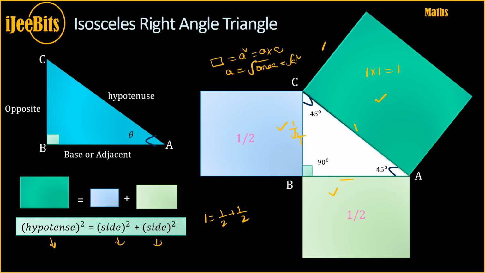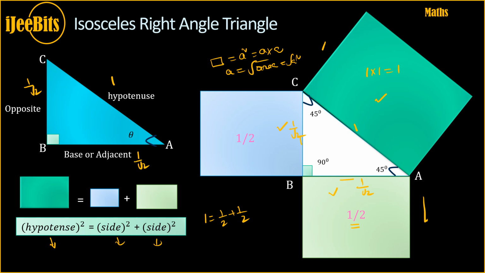That is how I'm calculating. Here also, my area is half, so my side would be 1 by root 2. If I look at this now, hypotenuse is 1, opposite is 1 by root 2, and adjacent is 1 by root 2, right?